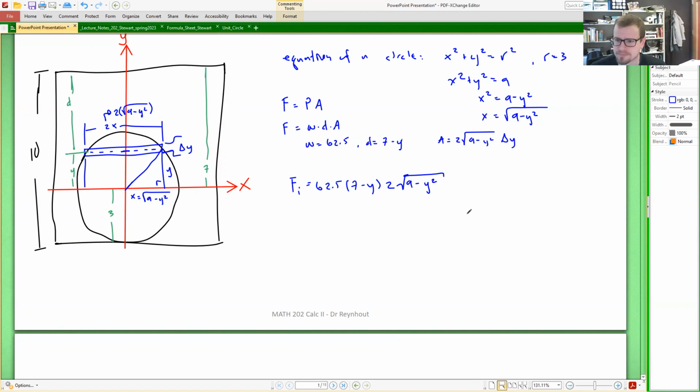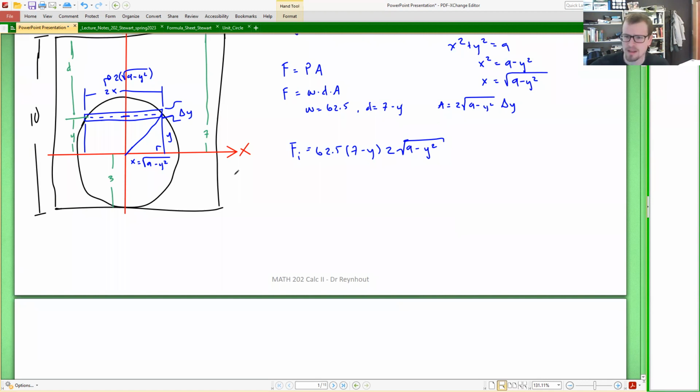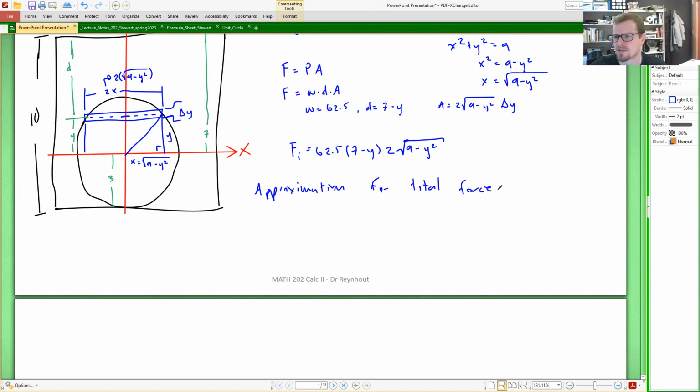All right. That allows us to give an approximation for total force as the Riemann sum, right? So our total force is going to be approximately the sum over the intervals of all of the forces on each of those intervals, or rectangles.